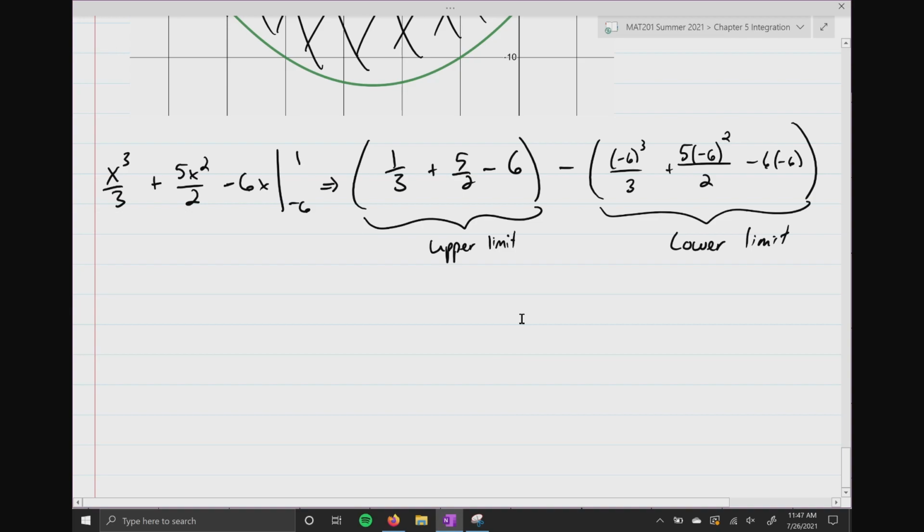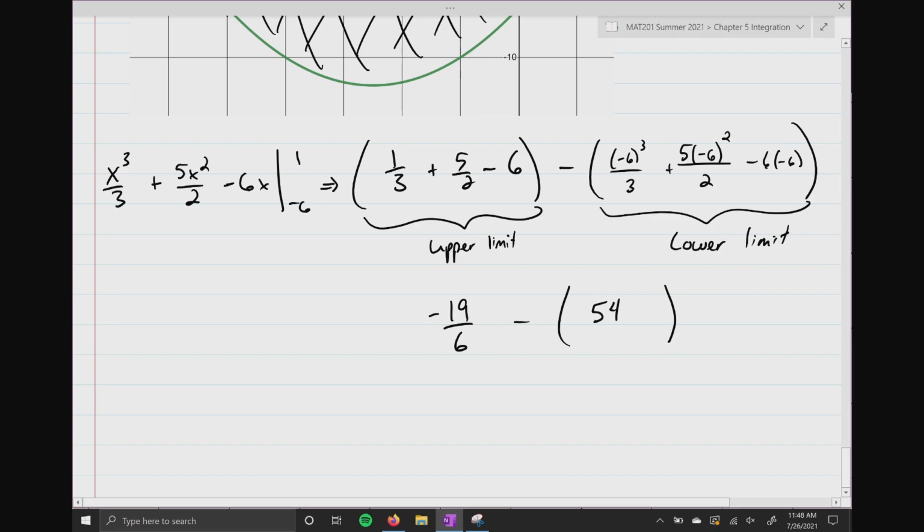All right, so when you do this, the upper limit should simplify down to -19 over 6. And then the lower limit, give me 1 second, I'm just going to use my calculator here. The lower limit should turn out to be 54.